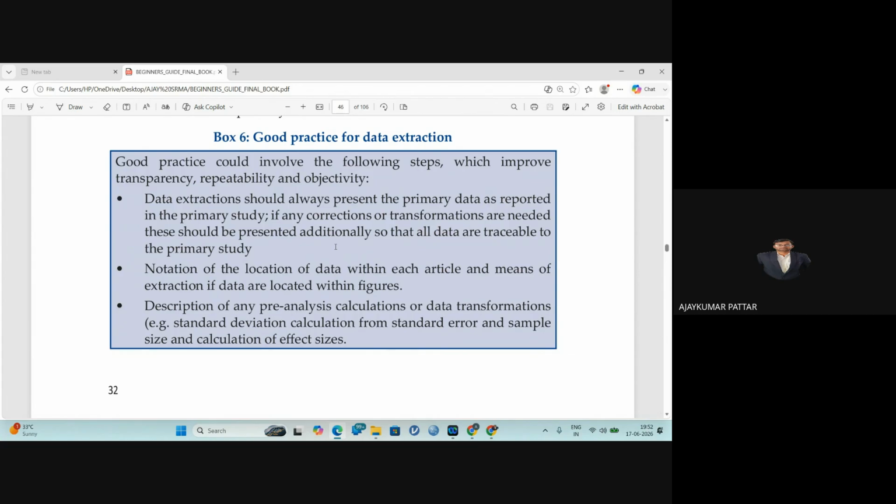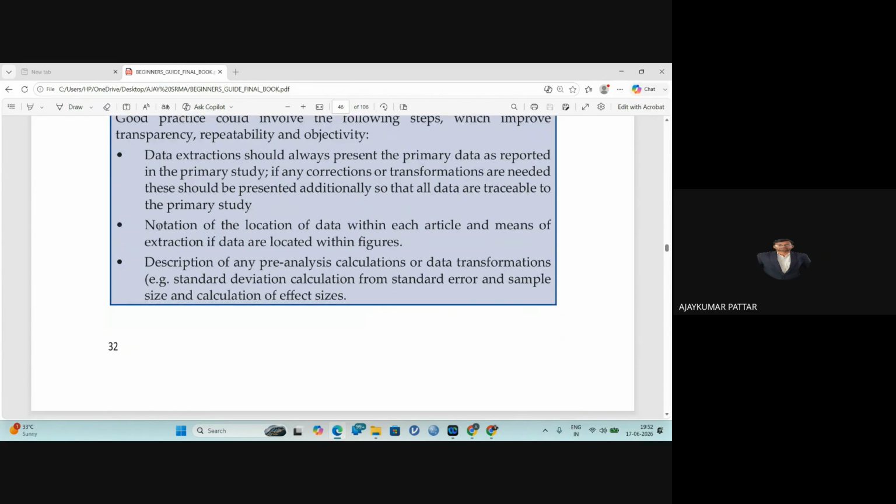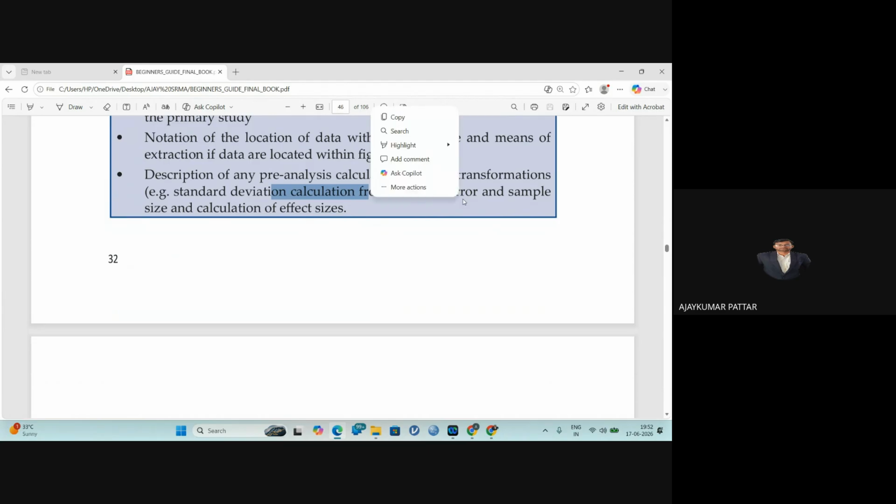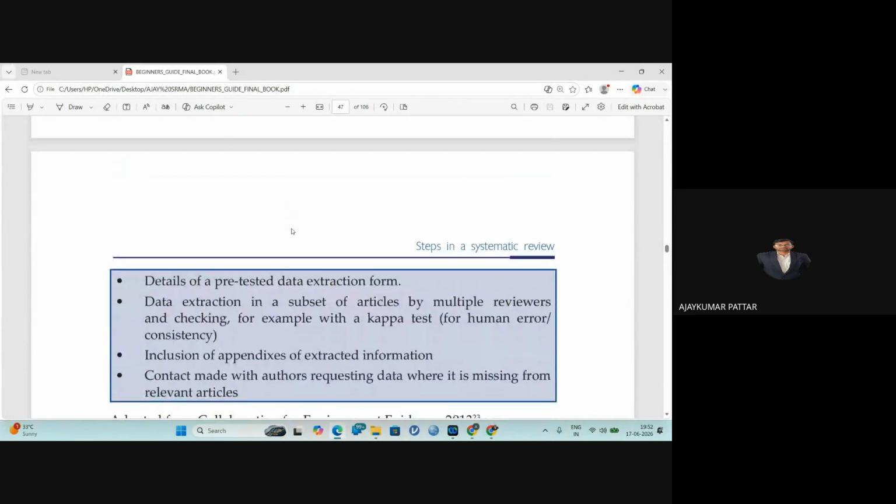But the primarily presented data should be reported in the data extracted column. As for descriptions and standard deviation calculation, we will see in the research paper. I will show one paper, then all this concept will be clear.